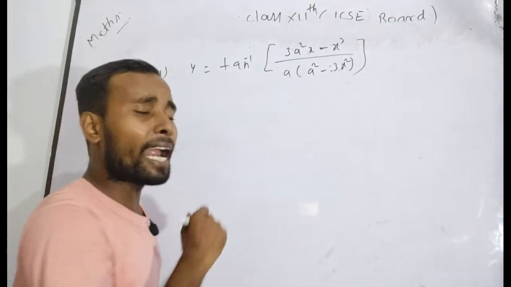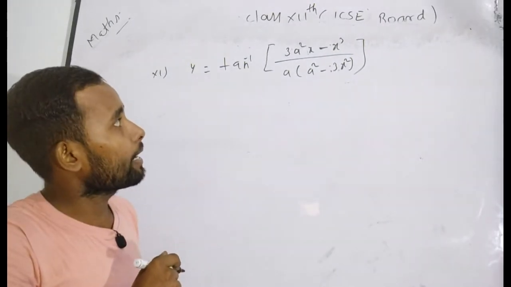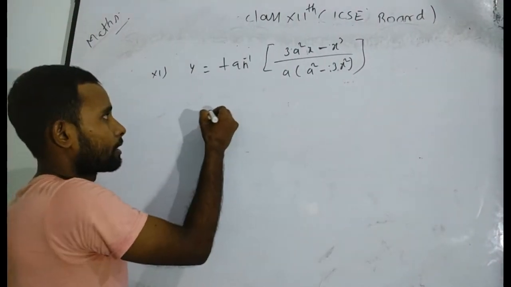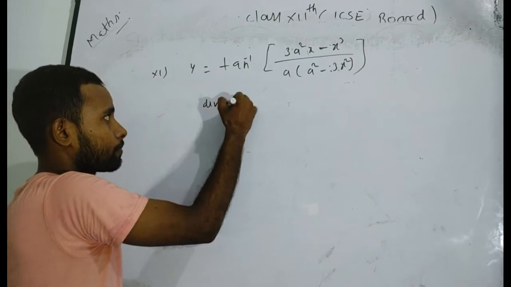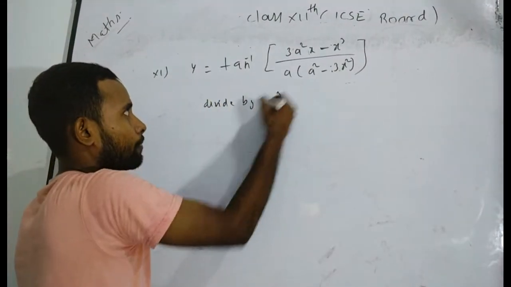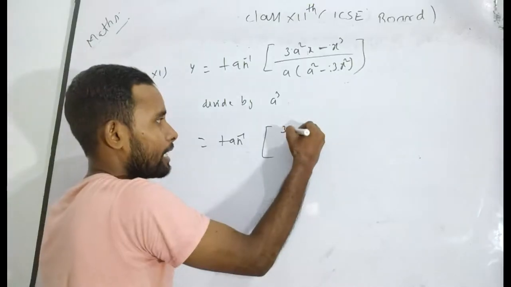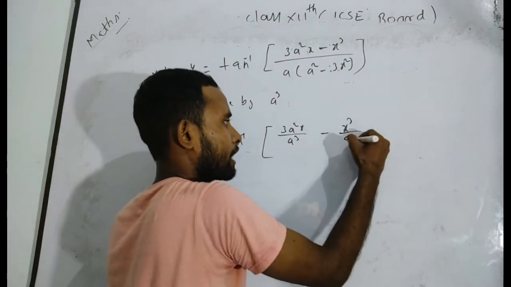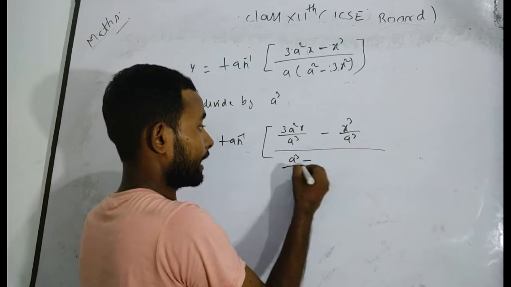dividing numerator and denominator by a cube. In numerator and denominator divide by a cube. In that case you will get tan inverse (3a square x by a cube minus x cube by a cube) divided by (a cube by a cube minus 3x square a by a cube).